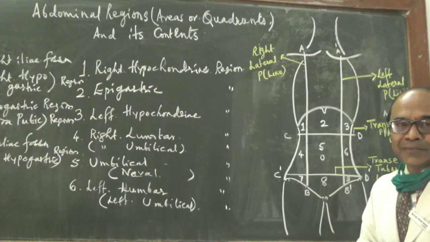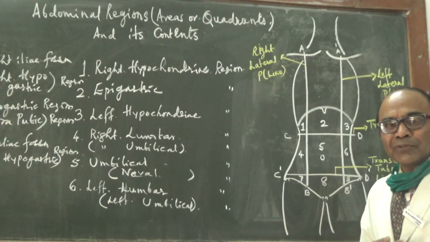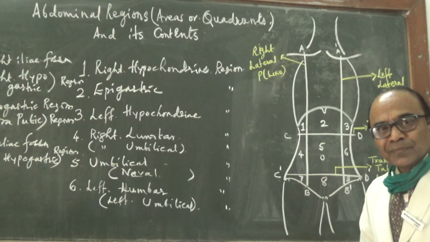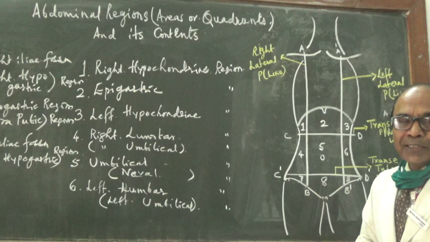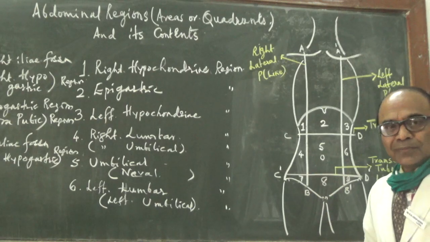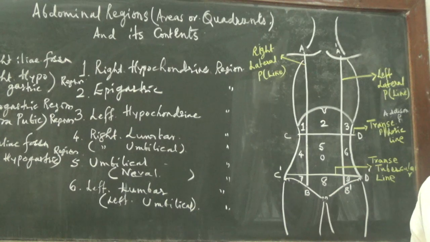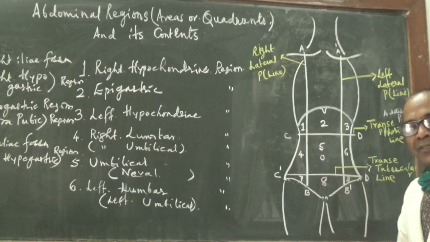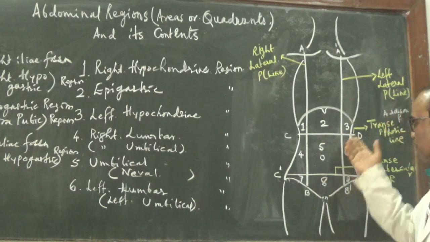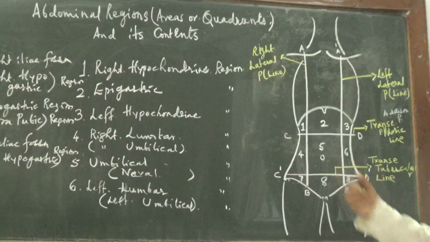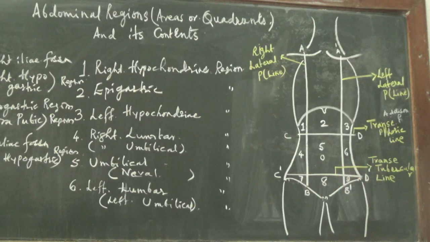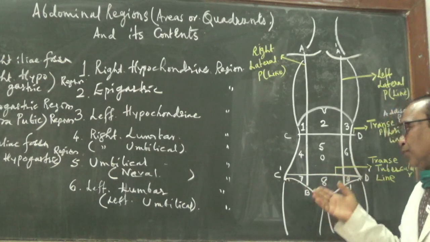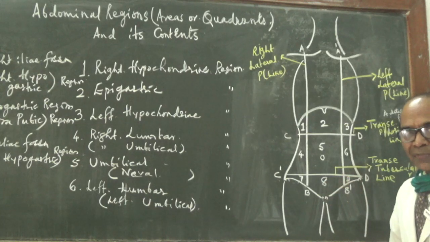such as against the boundary of the abdominal cavity, that is the parietal part of the peritoneum, because the parietal gives rise to one more fold, that is the visceral, that will also run in the abdominal cavity, occupying the right hypochondriac, epigastric, left hypochondriac, right lumbar, umbilical or navel, left lumbar, right iliac fossa, hypogastric, and the left iliac fossa.